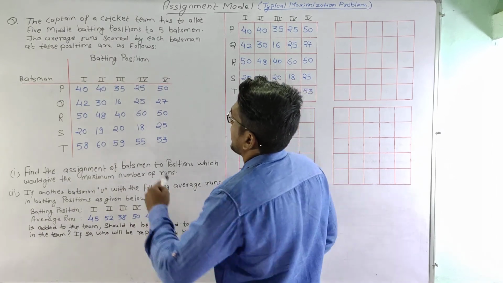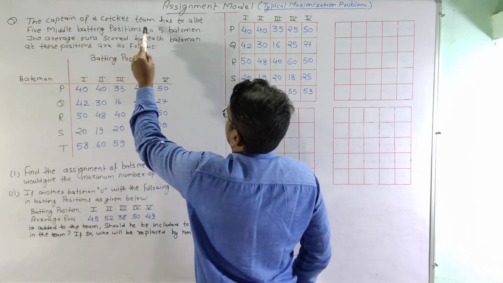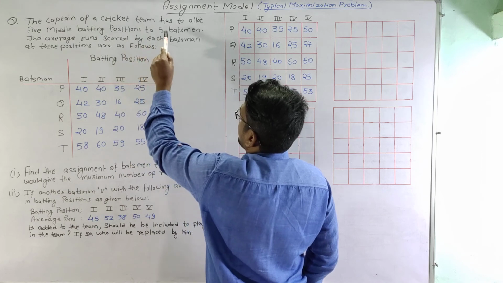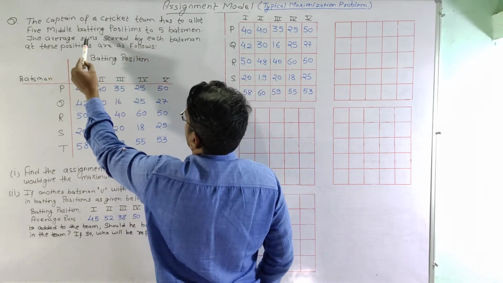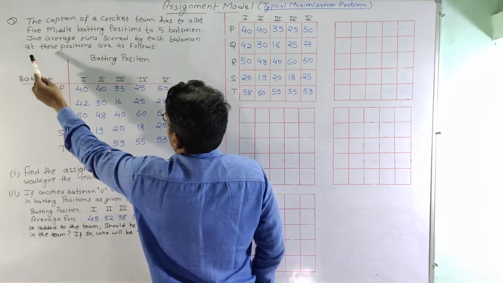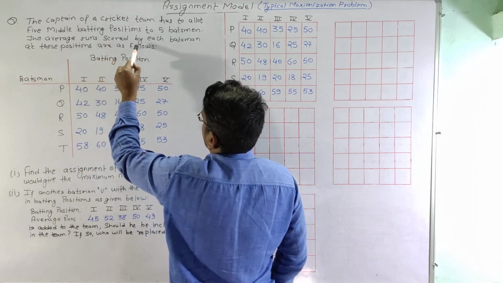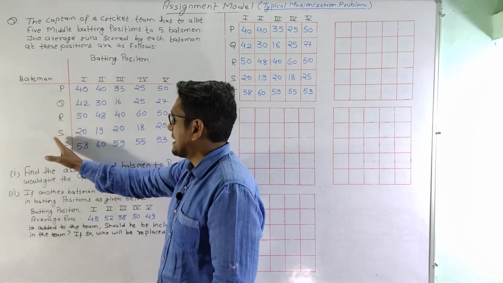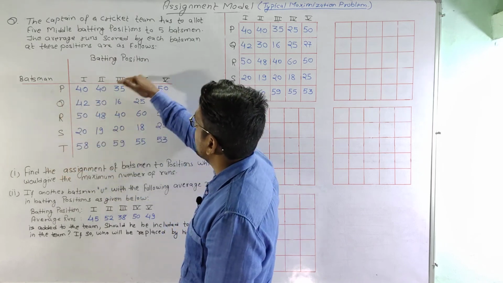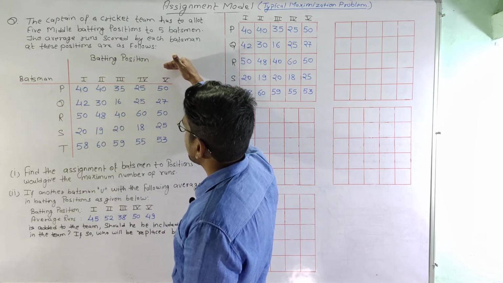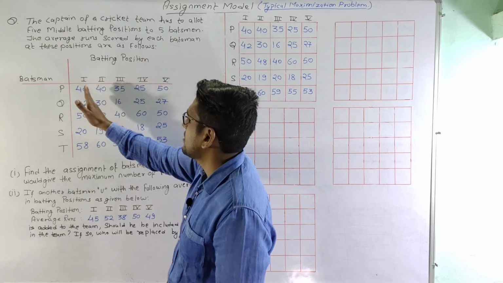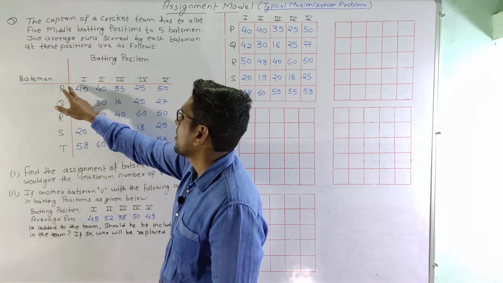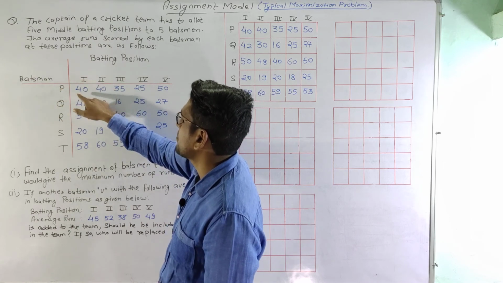The question says that the captain of a cricket team has to allot 5 middle batting positions to 5 batsmen. The average runs scored by each batsman at these positions are as follows. In this matrix, P, Q, R, S, T are the 5 batsmen, and 1, 2, 3, 4, 5 are the batting positions, and these are the average runs scored by a batsman at a particular position.